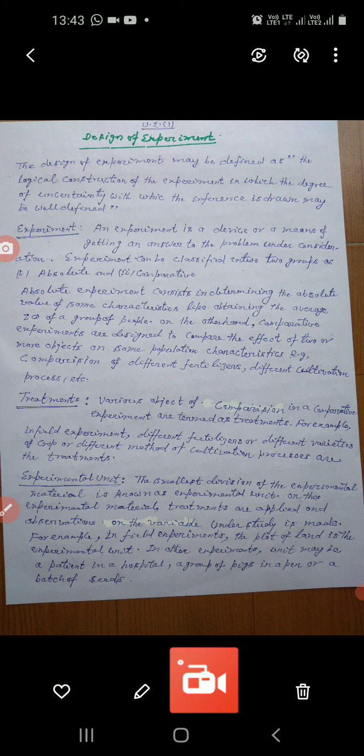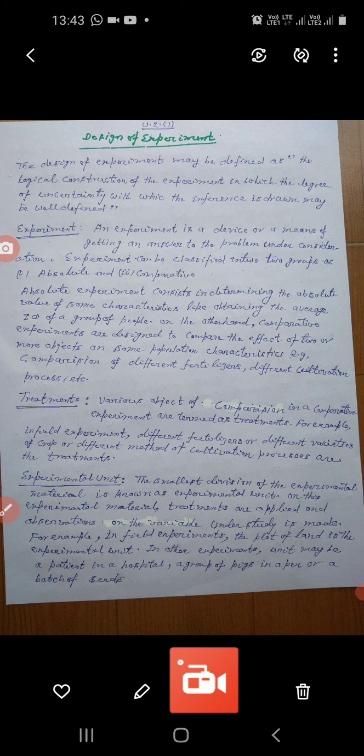Now the treatments. The various objects of comparison in a comparative experiment are termed as treatments.